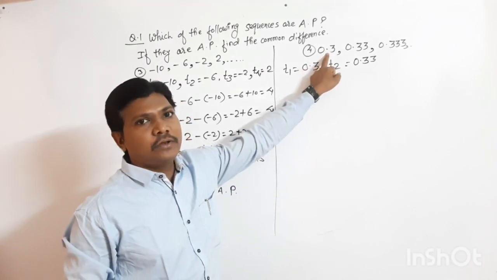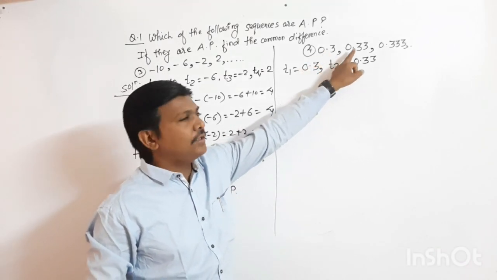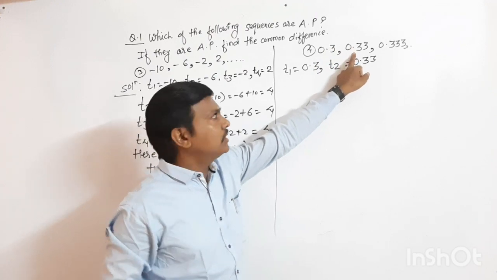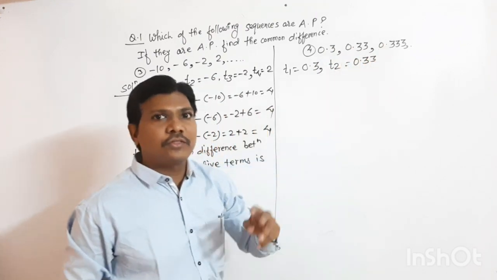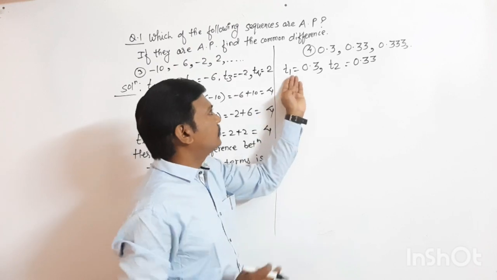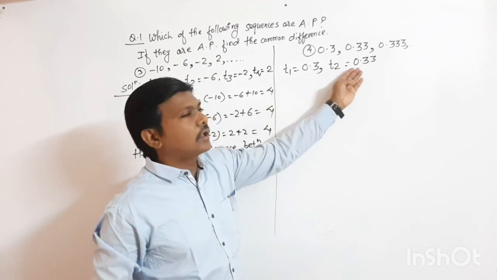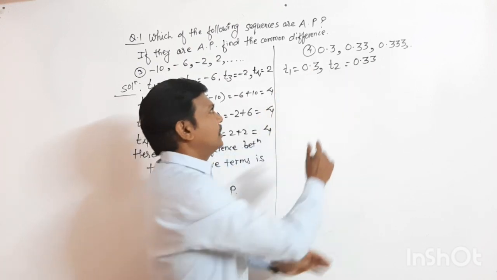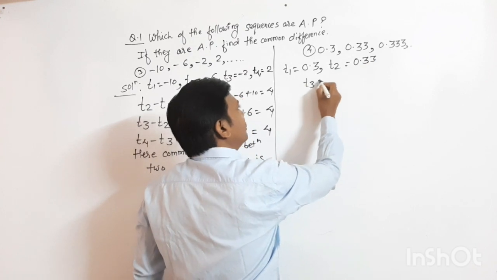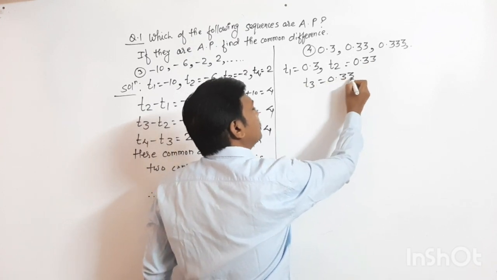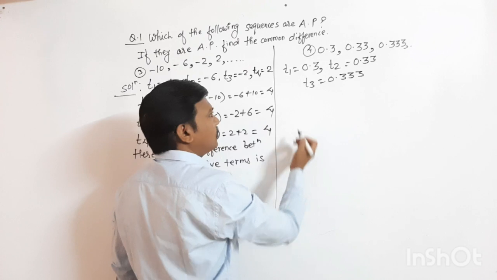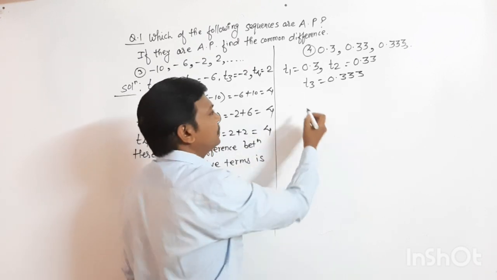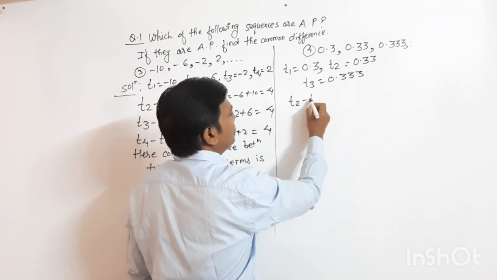Example: T1, that is first term is 0.3, T2 is 0.33, T3 is 0.333 and so on. So here first term is 0.3, second term is 0.33 and third term, that is 0.333. So find the common difference between two consecutive terms, that is T2 minus T1.